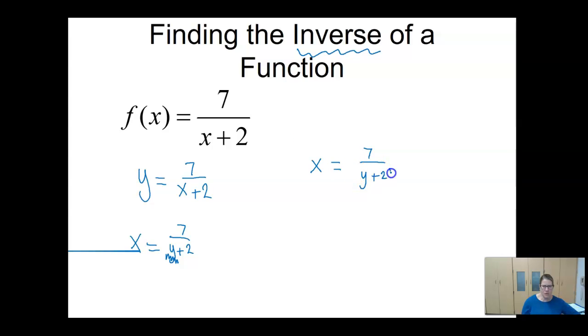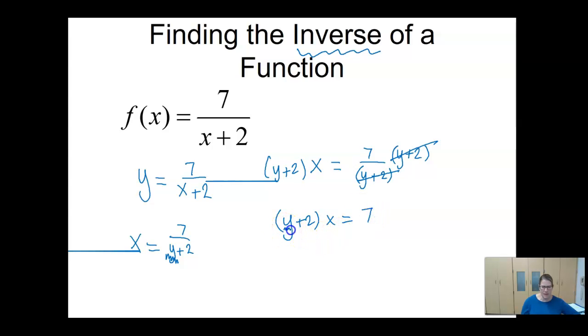But y is grouped with 2, so y plus 2 is kind of its own little group here. So right now 7 is divided by y plus 2, and so in order to get y out of the denominator, I'm going to multiply both sides of the equation by y plus 2. That will cancel out on this side, so there's no y over here anymore. On this side, I'm going to have that y plus 2 times x, and that's equal to 7.